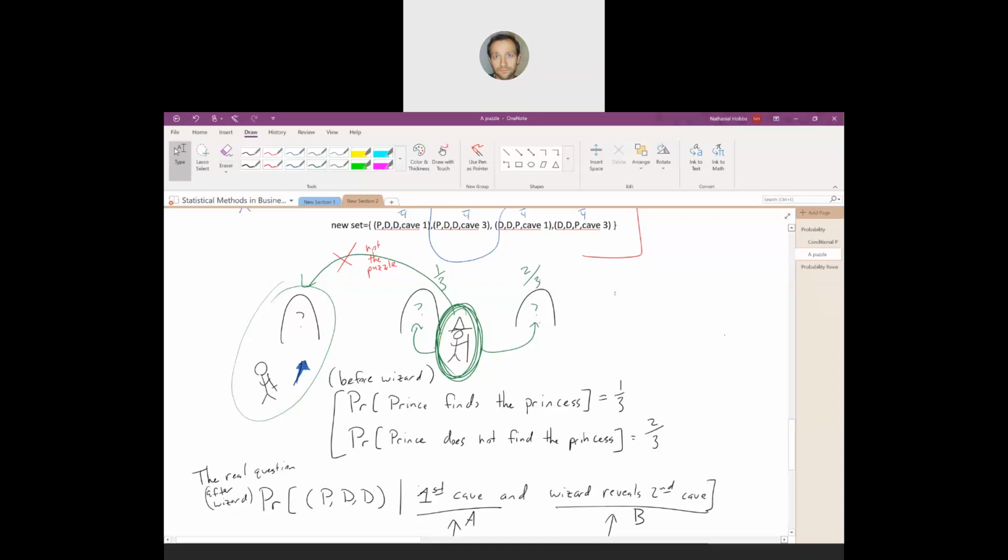He's more likely to reveal cave 3 in this scenario. This is a bigger probability, so the wizard is more likely to reveal the third cave? I think so.